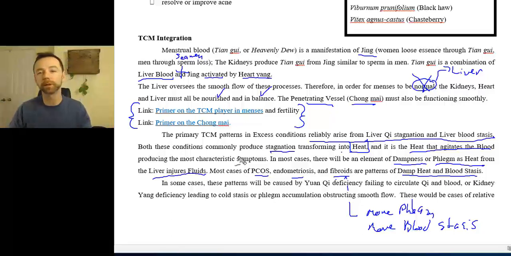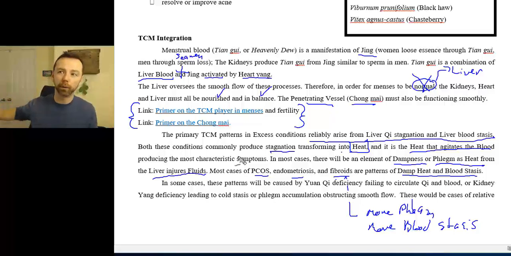And this is really important because if the liver doesn't have enough energy to do its job, the natural consequence is stagnation, stasis. When those happen, we get heat, blood stasis, phlegm building up, heat building up, and it gets messy. It gets messy, sticky, and hot in the reproductive system.